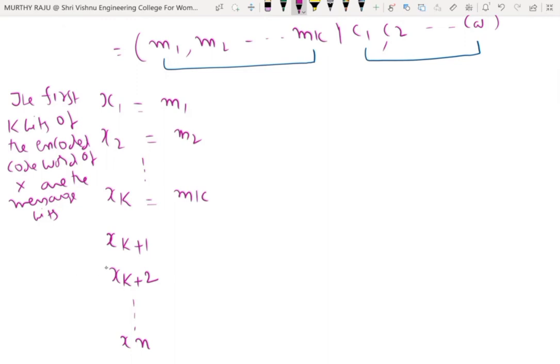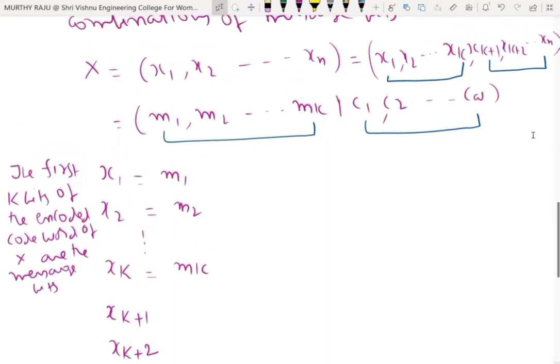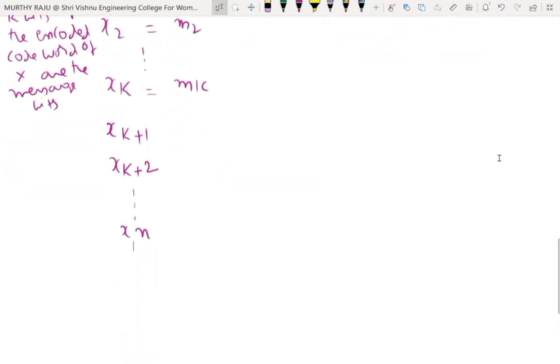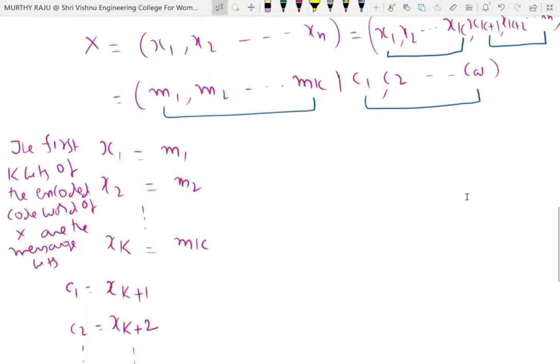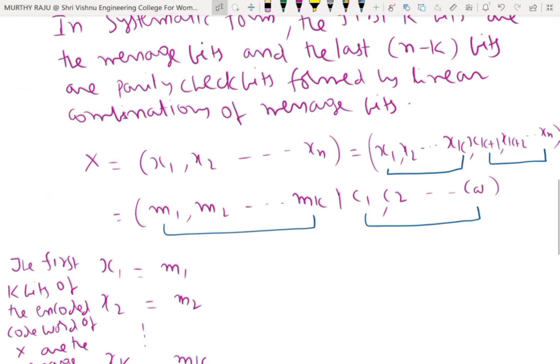The last n minus k bits are the parity bits, that is c1, c2 and cq. One more important point here is that the parity check bits are formed by linear combination of message bits.